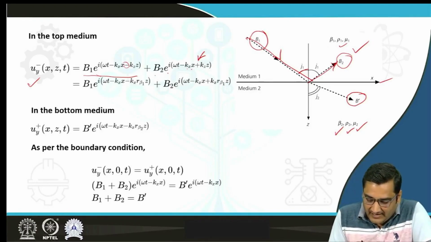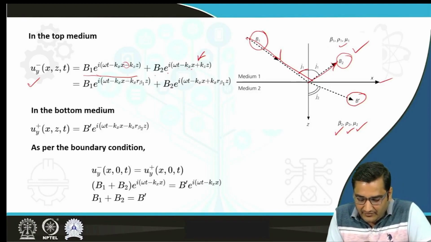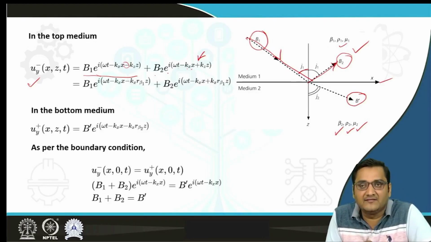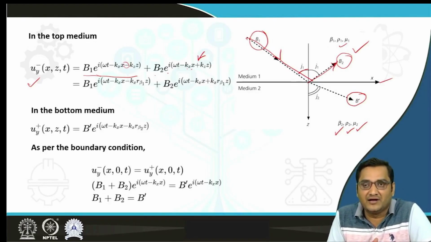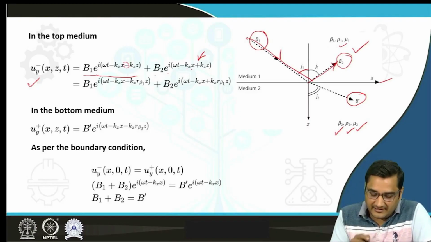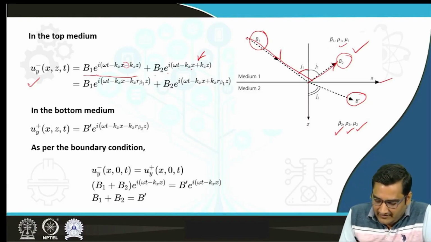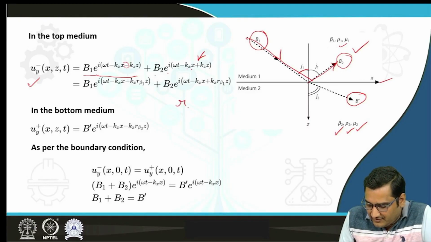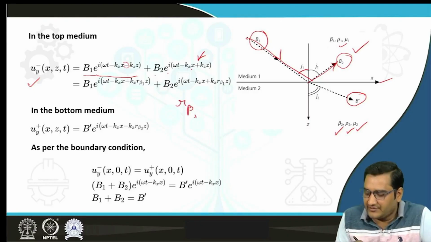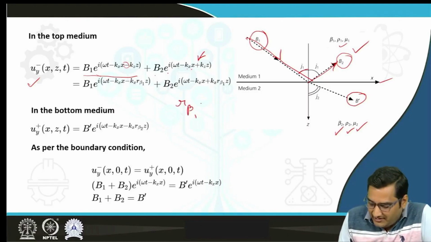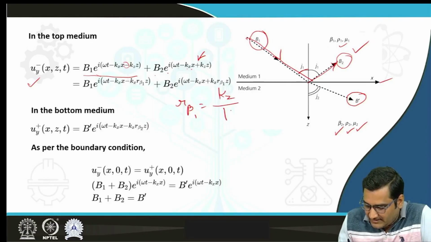So finally, if we want to replace k_z with r beta 1 and k_x, let's define r beta 1. Beta 1 is the velocity in medium 1. So r beta 1 is equal to k_z divided by k_x, so k_z can be equated to k_x r beta 1.